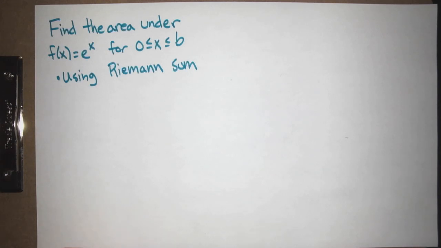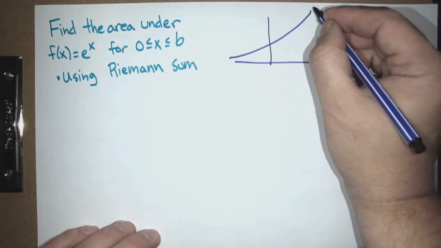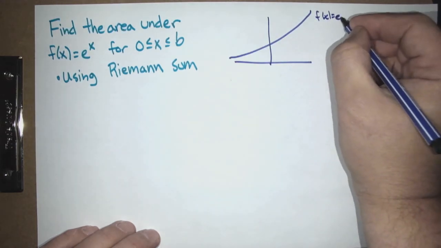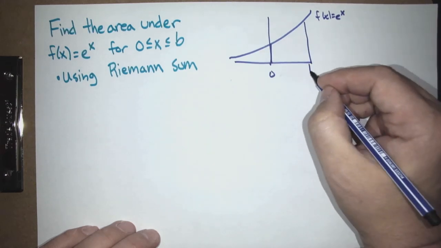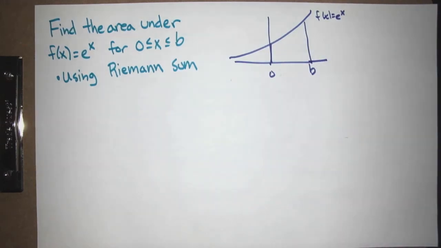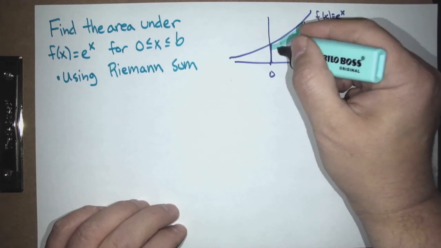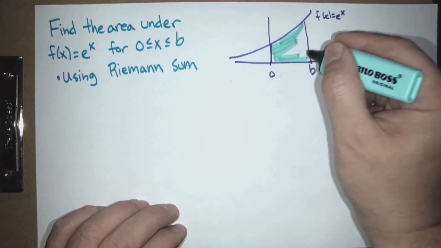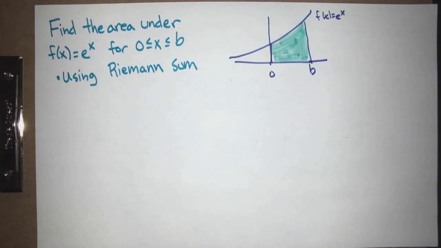Okay, so let's remind ourselves what e to the x looks like. We have this exponential function, f of x equals e to the x. So we're going from 0 to b. All right. It's not so obvious. Of course, even the parabola was not so obvious. But let's see if we can't figure this out. Okay, well, I think we should use a Riemann sum.